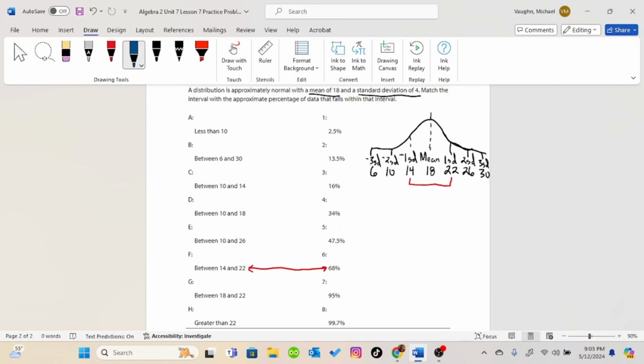We know that this is between 2 standard deviations below and 2 standard deviations above. So that would be from 10 to 26. That matches E, so E matches number 7.